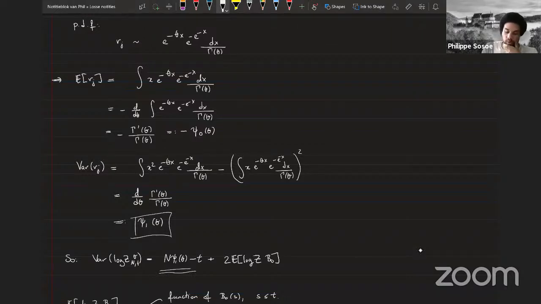So what this stationarity has brought us is that the variance of the partition function that we're interested in is equal to n times ψ_1(θ), this derivative of the digamma function, minus t, plus this cross term, the expectation of log Z times B_0.